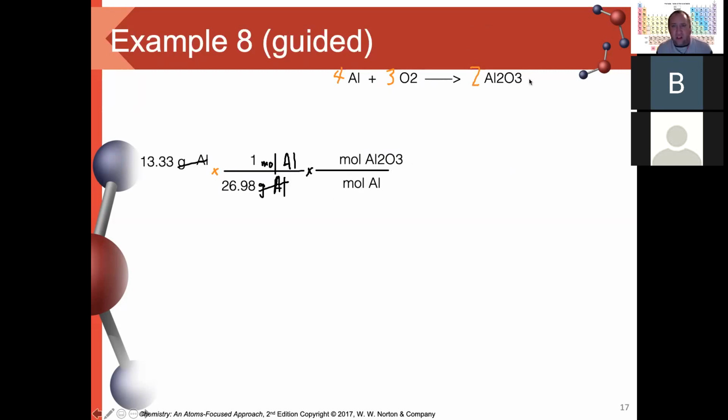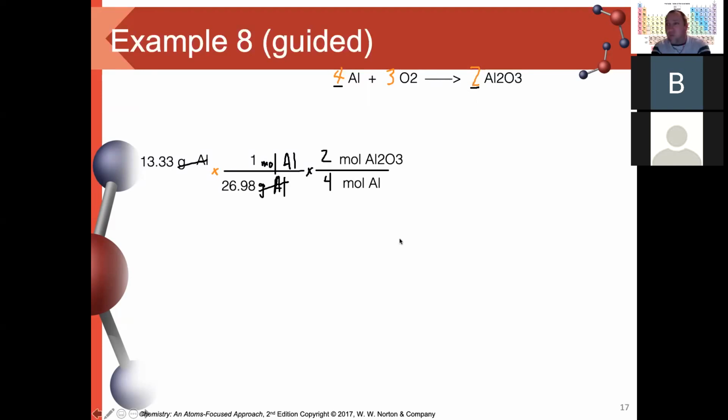Now, this information comes from the balanced chemical equation. It actually comes from the coefficients in that balanced chemical equation. So I know I need 4 moles of aluminum for every 2 moles of aluminum oxide.